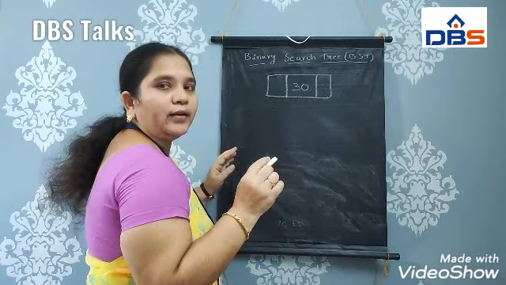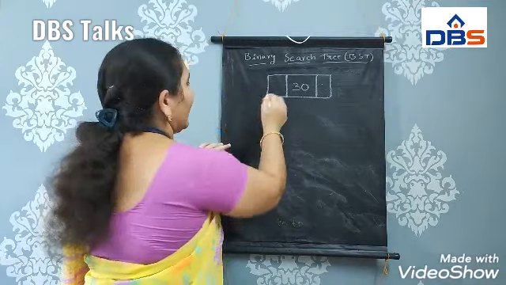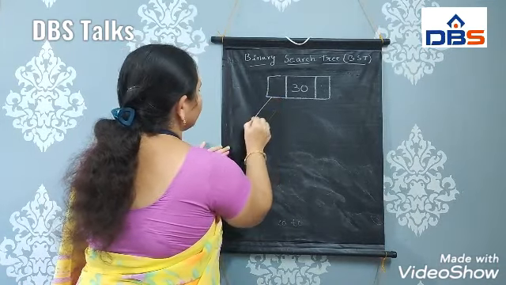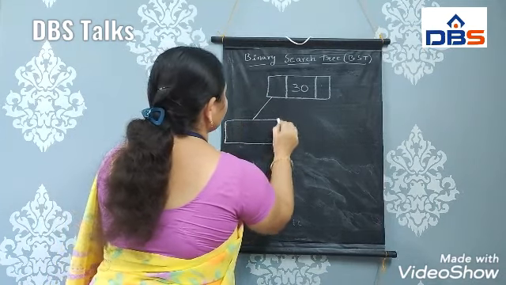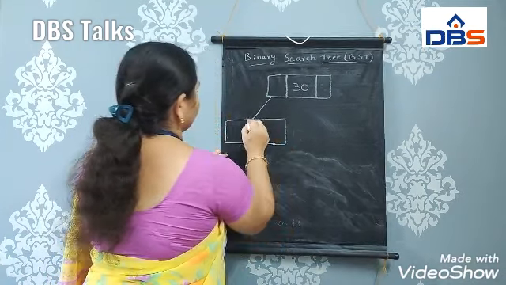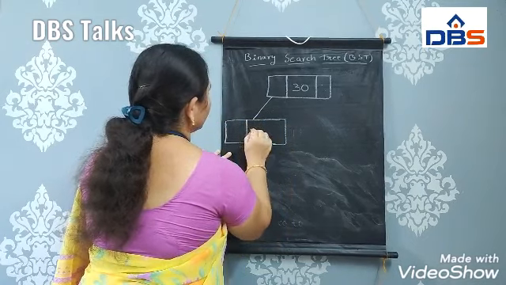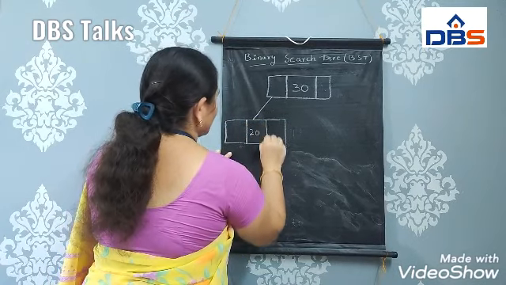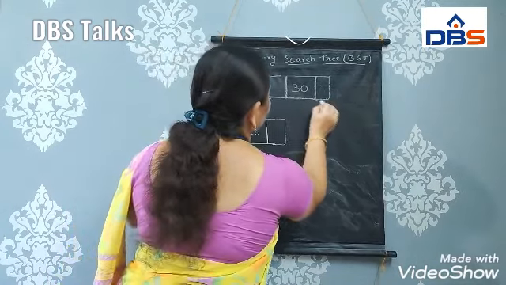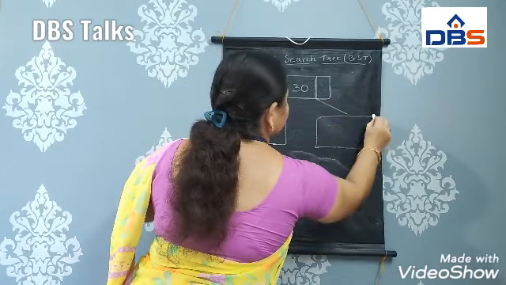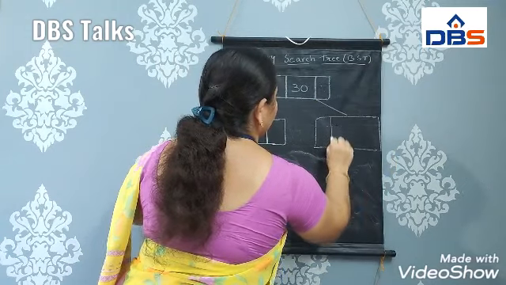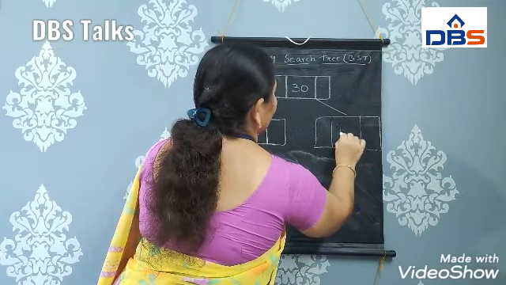That node contains a left child with the value 20, and also it has the right child with the data 40.